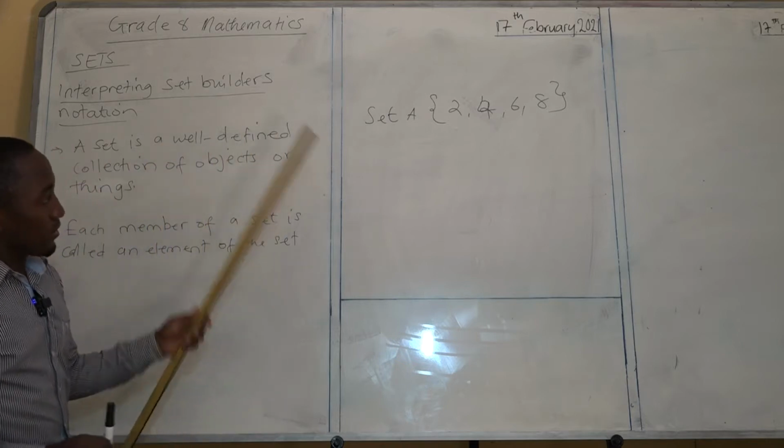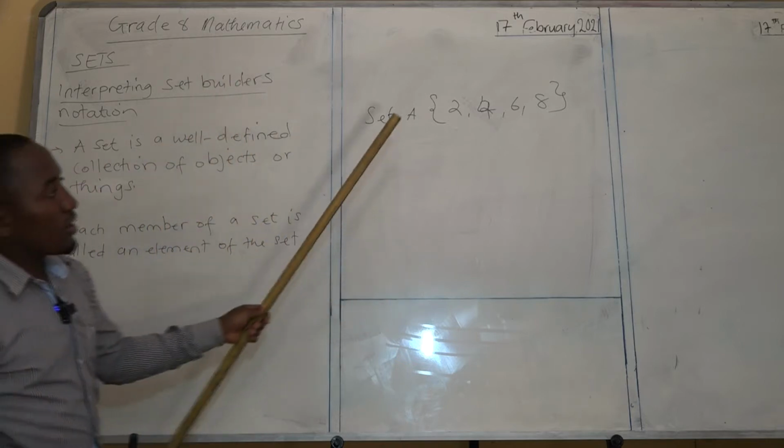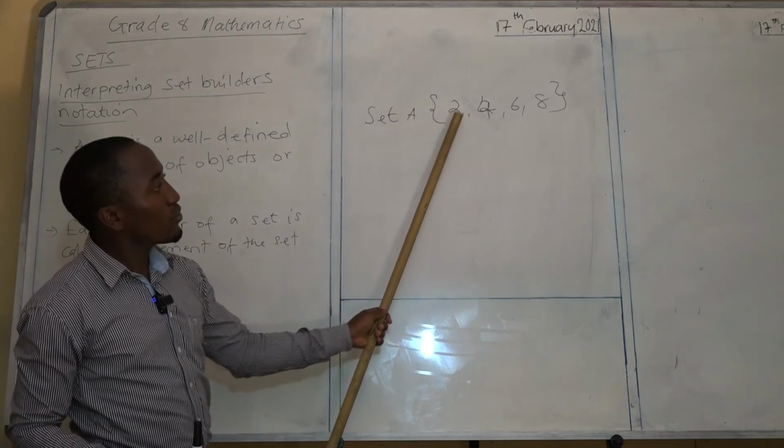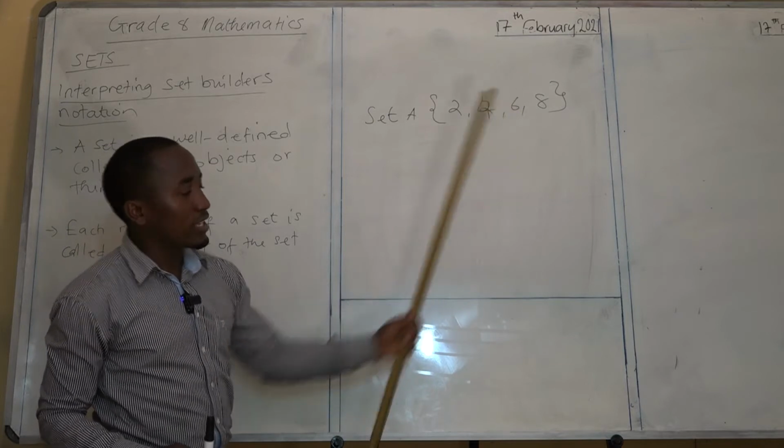Let's take my set A. In set A, I have 2, 4, 6, and 8.